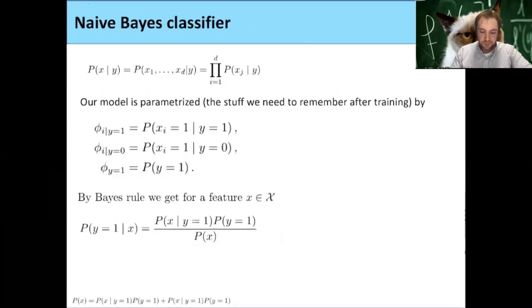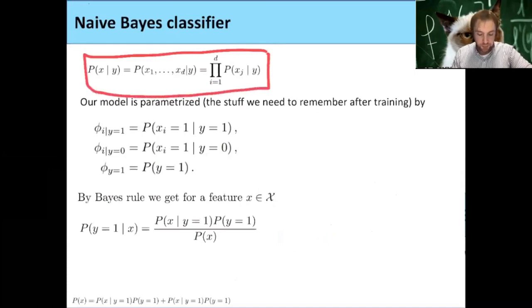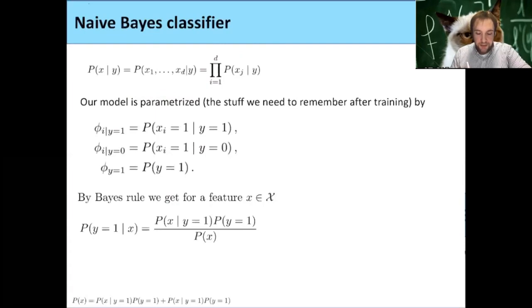And so the formula we derived before is just this here, because this we will use now. And now the things we want to learn, and which we then later use for our prediction, are these things here.